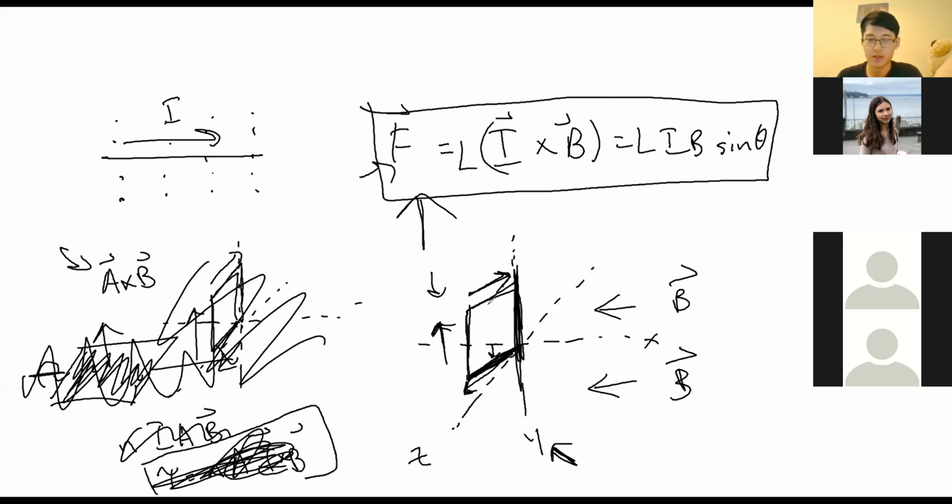But basically, let's think about what directions the magnetic force is on this side of the wire. The current is pointing in this direction, and the magnetic field is pointing in this direction, so it's going down, right? Now, tell me what's the magnetic force on this upper part of the loop? It's up.